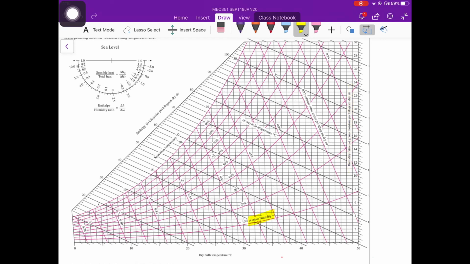Lastly, we have the relative humidity given in percentage.